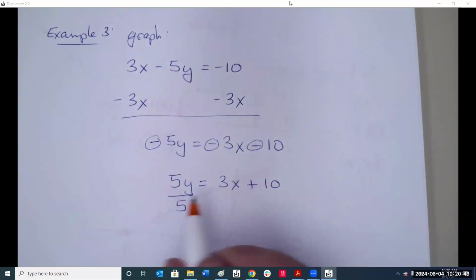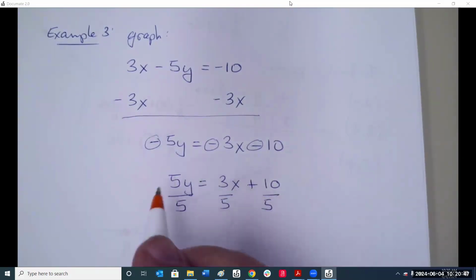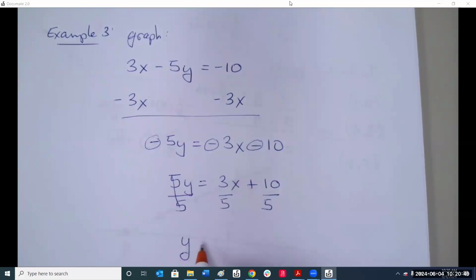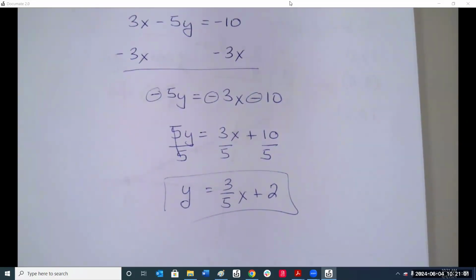Now divide by 5. 5's cancel. 10 divided by 5 is 2. Now we plot some points.